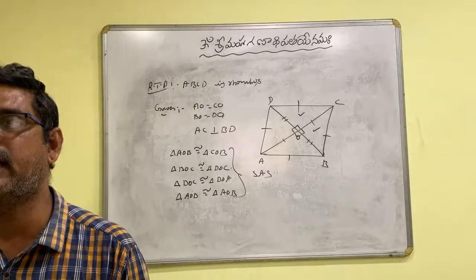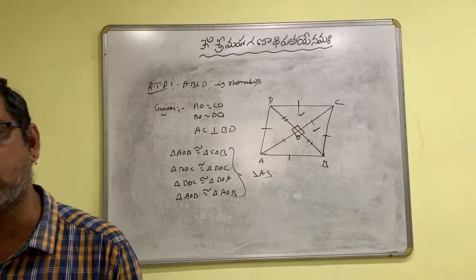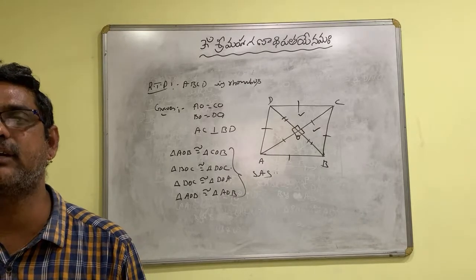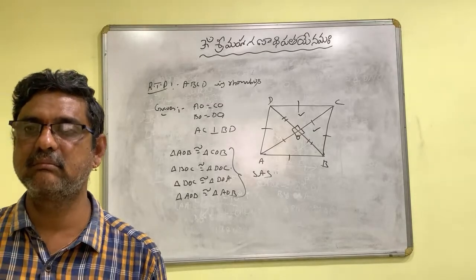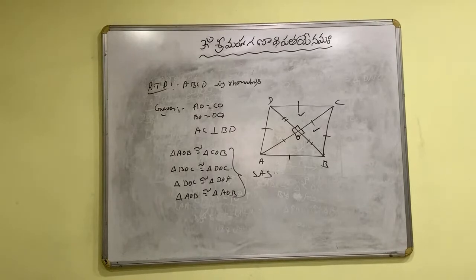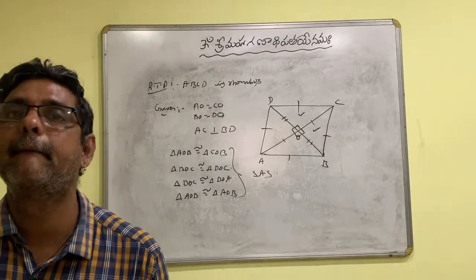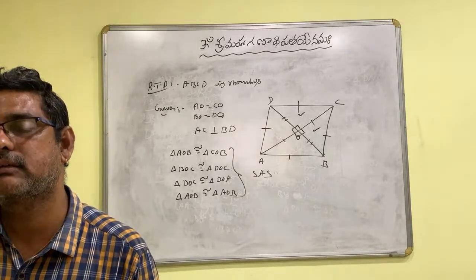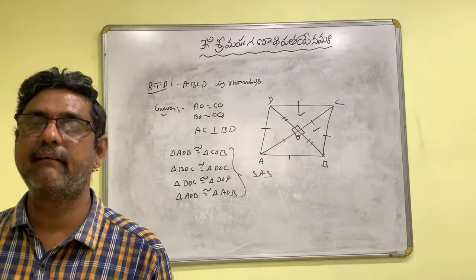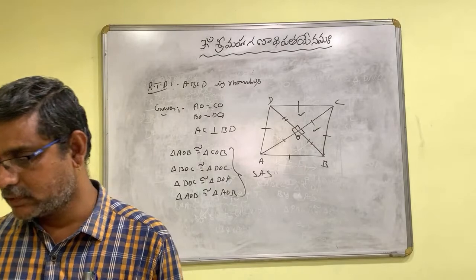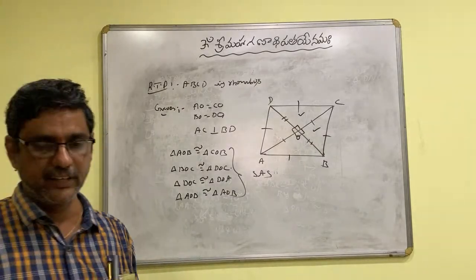So in a quadrilateral, if all sides are equal and diagonals bisect each other at right angles, then that figure is nothing but a rhombus. This is what you have to understand.